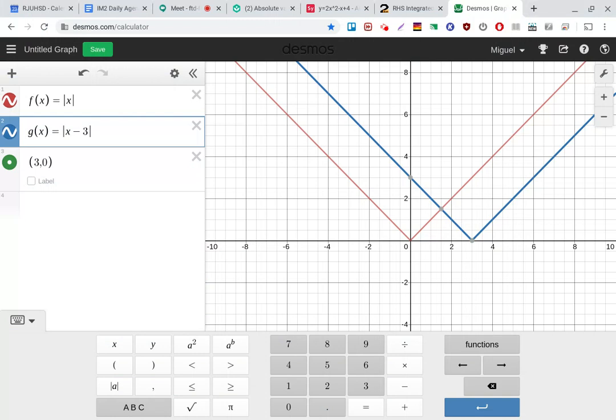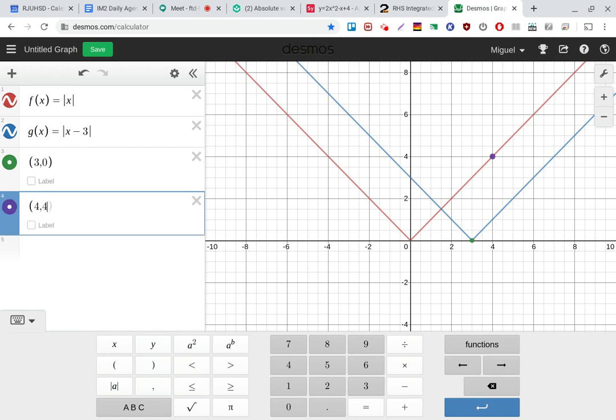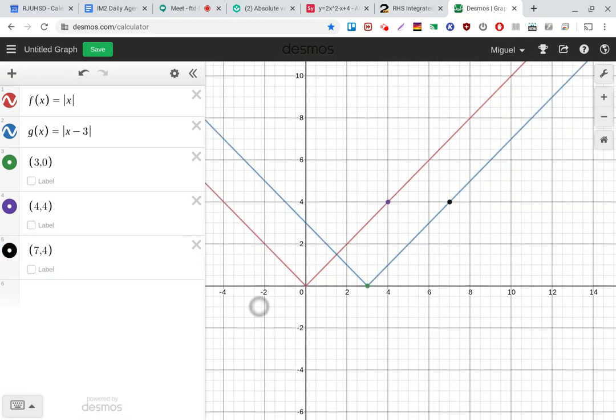And if you look at the graph, these y's, for example, let me pick 4, 4, 4. And this one's going to be, here's an example for everybody, 7, 4. Okay.